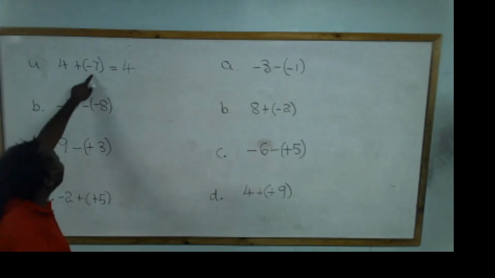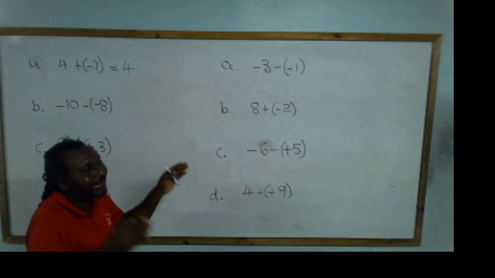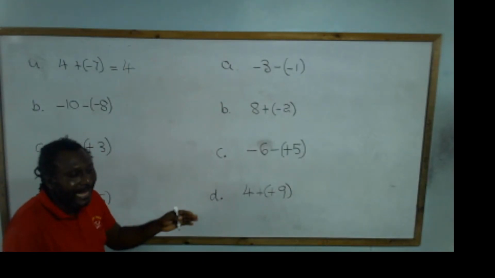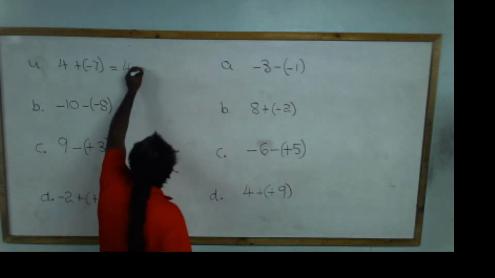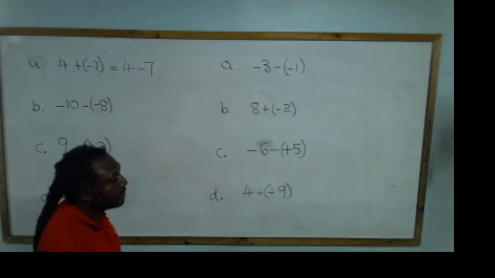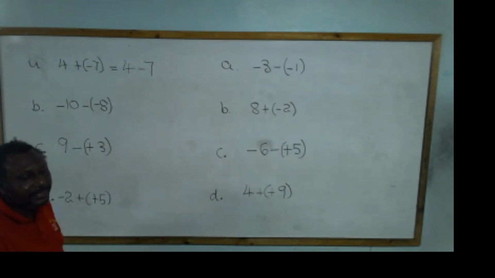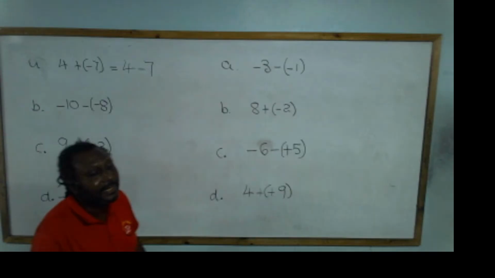So these two signs are unlike. It does not matter which goes before the other. As long as they are unlike, we are going to replace them with a single negative sign.